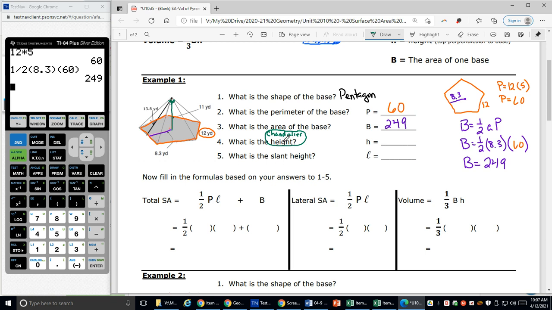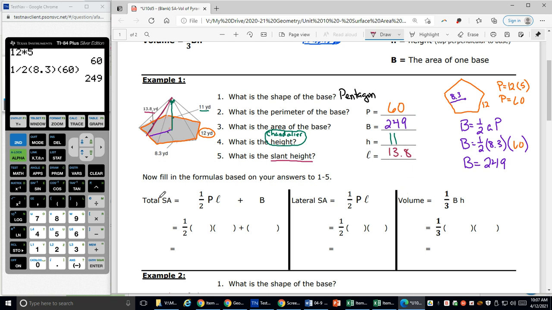So I think of a chandelier falling, and that reminds me, okay, that's the height. And that I can see is 11. Then, last but not least, we have our slant height. My slant height, if I'm rolling that ball down the edge, I can see they gave that to me. It is 13.8.